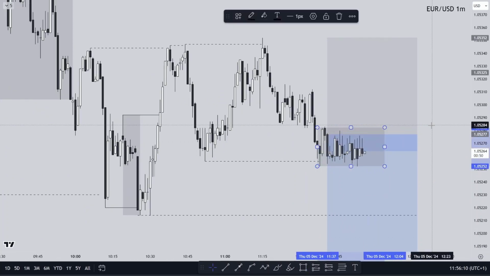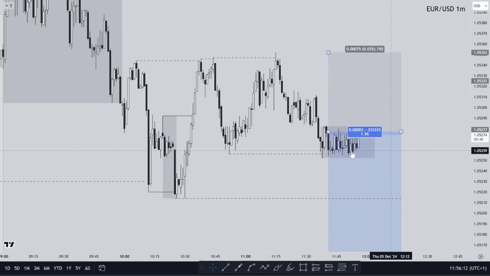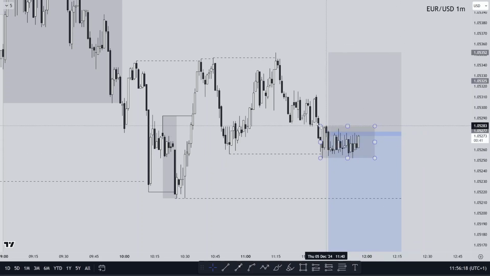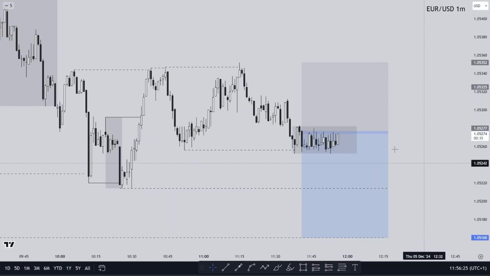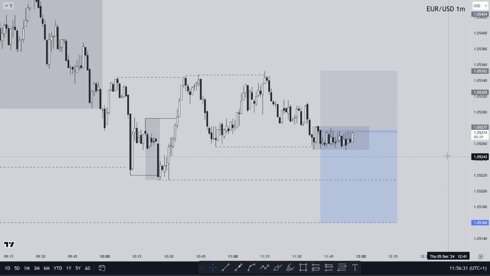So now I have to wait because price is building liquidity on both sides, as it did here, for example. So I just need to wait until price goes above the high or below the low to understand what it really wants to do.